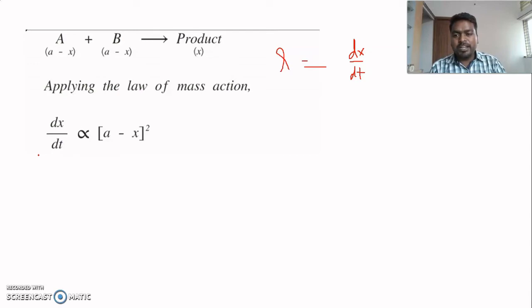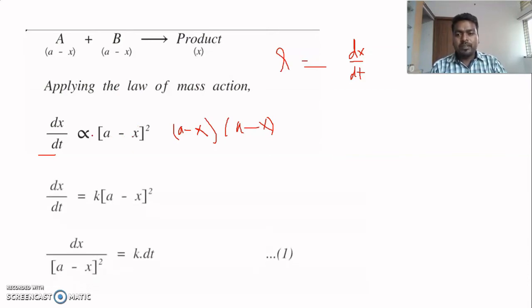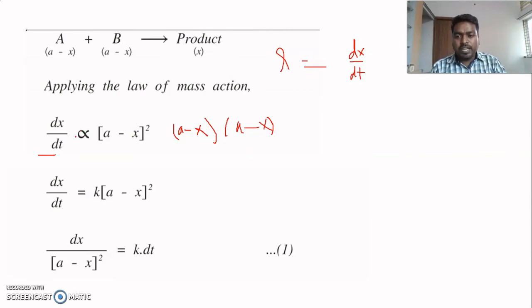So dx by dt is proportional to (a minus x) into (a minus x), because a minus x is the concentration of A, and a minus x is the concentration of B. Both concentrations are equal, that's why (a minus x) whole square. Then we remove proportionality by introducing constant k. So dx by dt is equal to k into (a minus x) whole square.